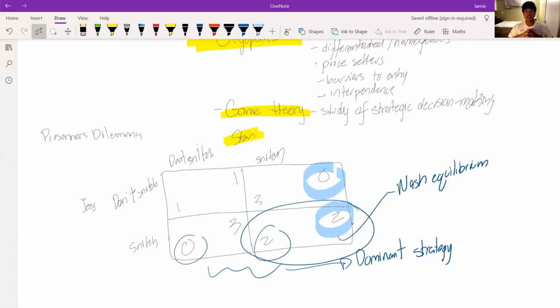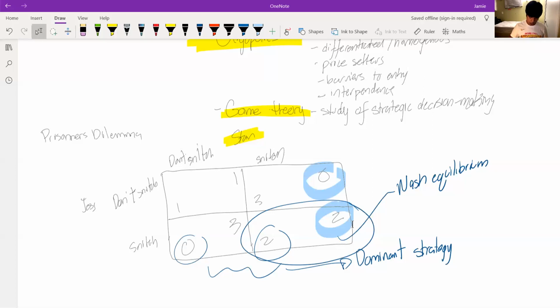But there's an incentive to cheat for a small firm. If they were to produce more, this would drive down the prices, and then they could steal more market share from the other firms. That is the idea of cheating in oligopolies when there's collusion.